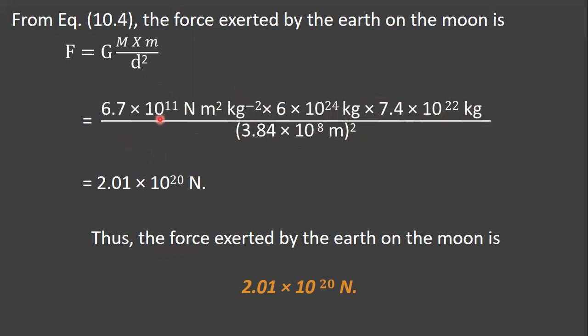After calculating this, children, you will get 2.01 into 10 raised to 20 Newton. Thus, the force exerted by the earth on the moon is 2.01 into 10 raised to 20 Newton.